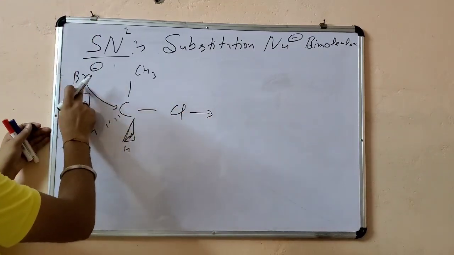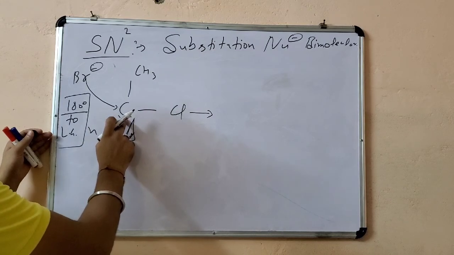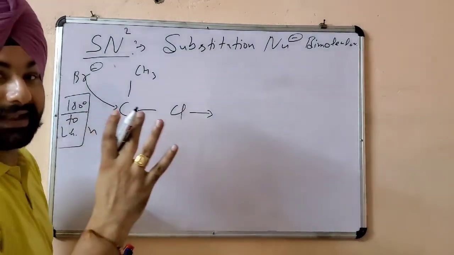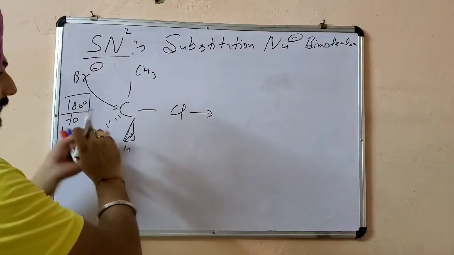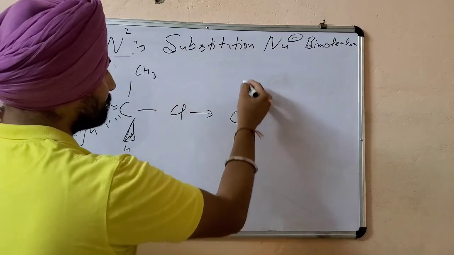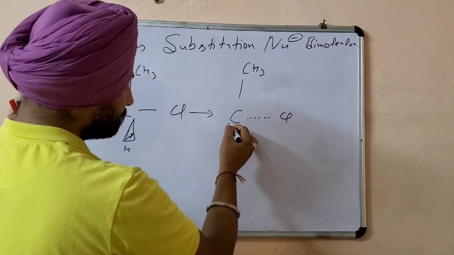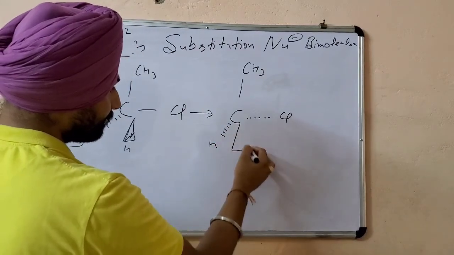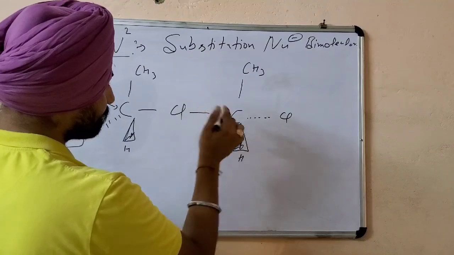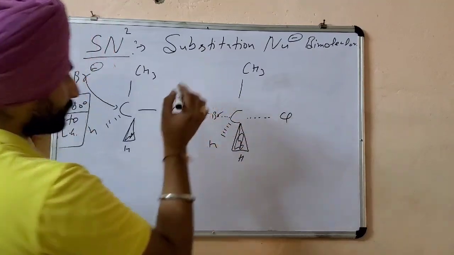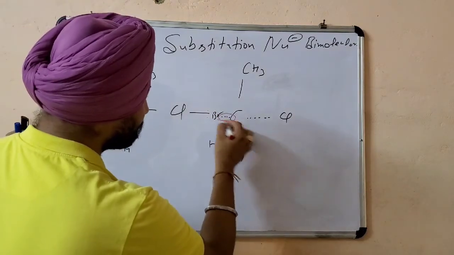Now when this bromide attacks the central carbon, this carbon appears as pentavalent. Actually there are not 5 bonds which this carbon forms. So it shows like CH3, Cl, with a dotted line.